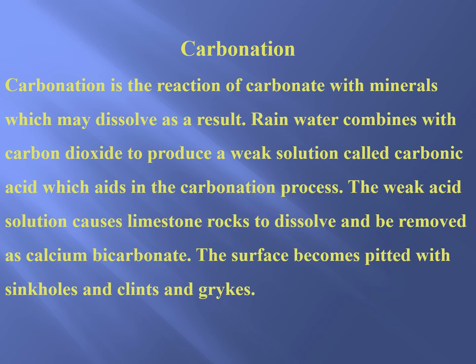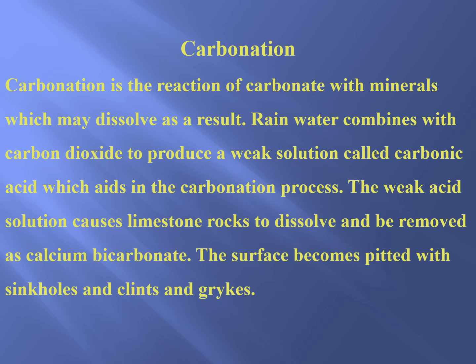Let me repeat. As the rain falls through the atmosphere, it mixes with carbon dioxide to create a solution known as carbonic acid, which is a weak acid. Now the carbonic acid will react with the calcium carbonate, which is what we call limestone. The calcium carbonate is going to be changed into calcium bicarbonate, which is a weak solution.